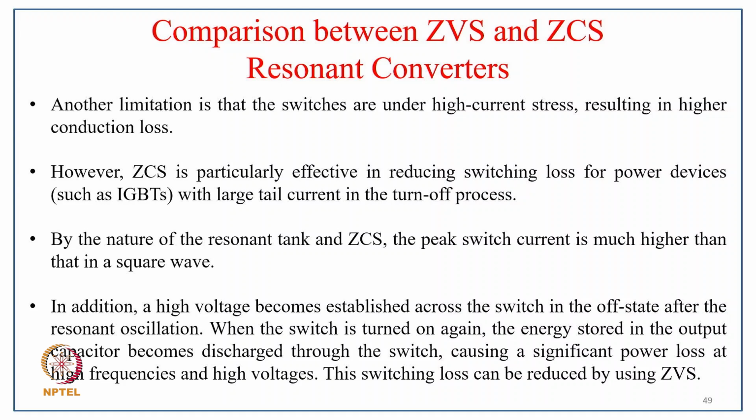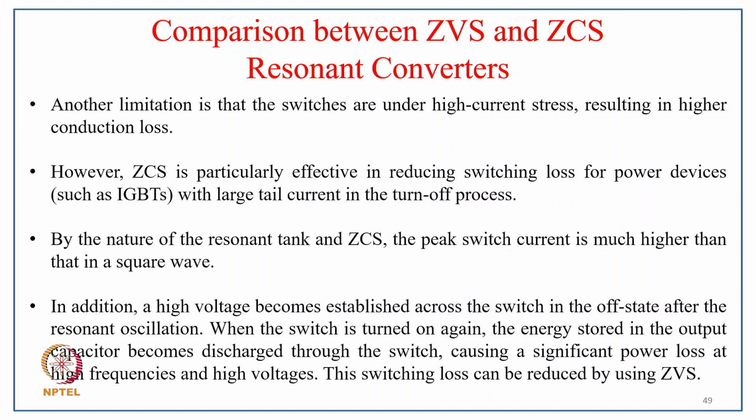However, ZCS is particularly effective in reducing switching loss for power devices such as IGBTs with large tail current in the turn-off process. But due to the nature of the resonant tank in ZCS, the peak current is much higher than in a square wave. In addition, high voltage becomes established across the switch in the off state after the resonant oscillation, and when the switch is turned on again, the energy stored in the output capacitor is discharged through the switch, causing a significant power loss at high frequency and high voltage.